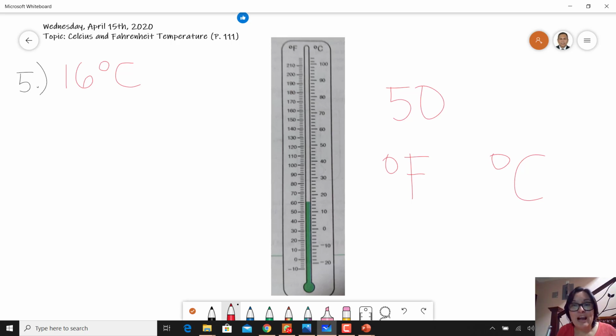If you have to wear a sweater, it's because the temperature is 50 Fahrenheit degrees or Celsius degrees. So let's look in the thermometer. Where do you have the Fahrenheit degrees? Here, right? Where do you have 50 Fahrenheit degrees? And where do you have 50 Celsius degrees?